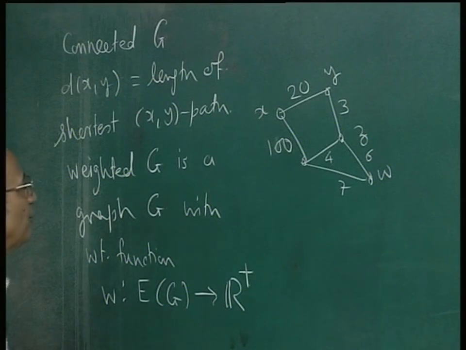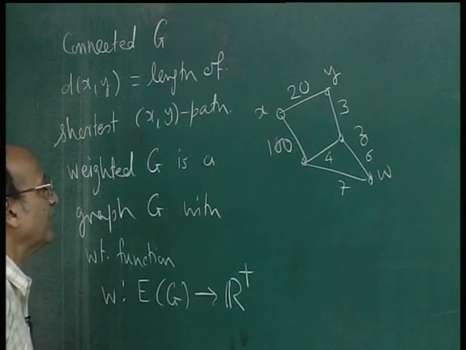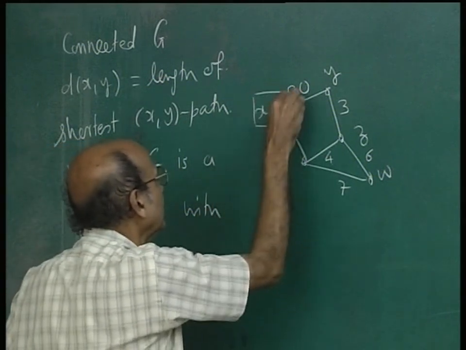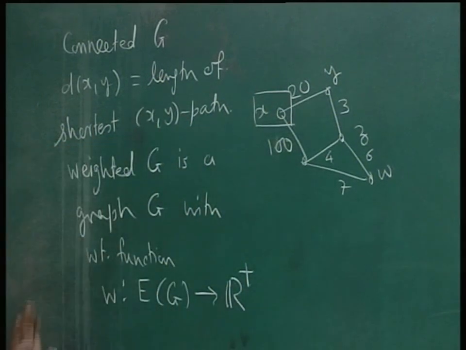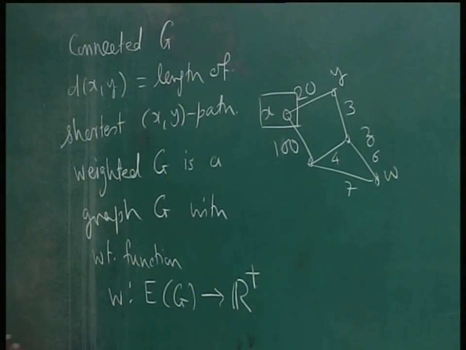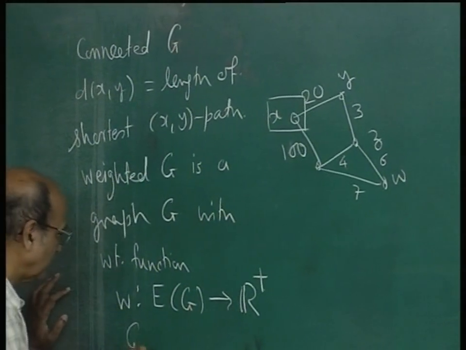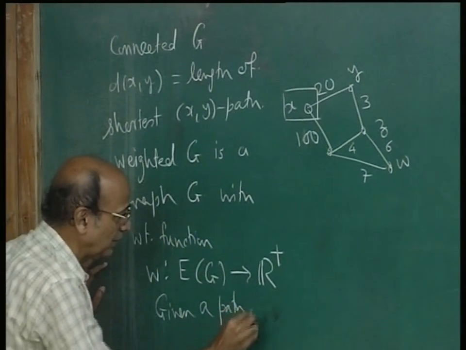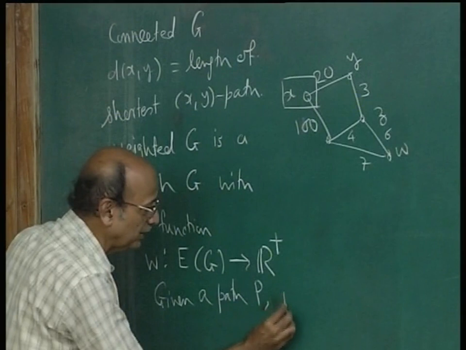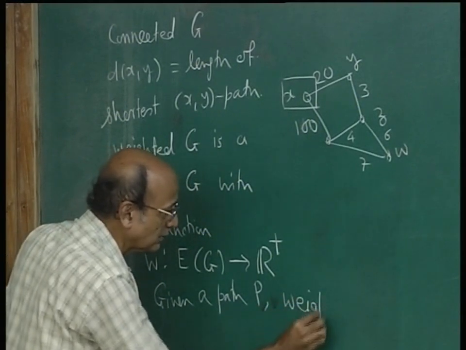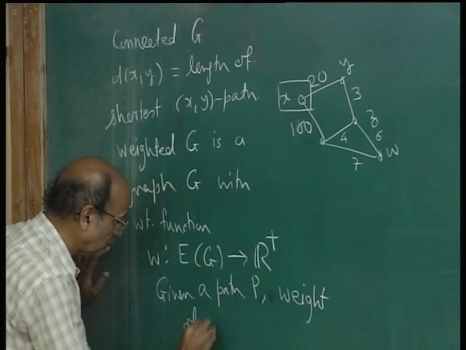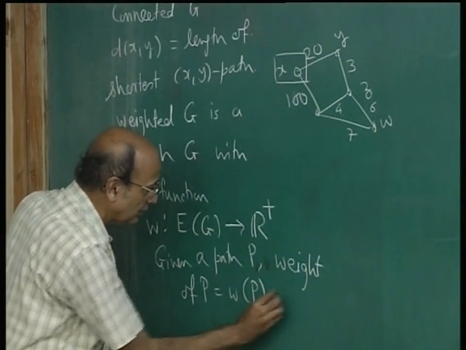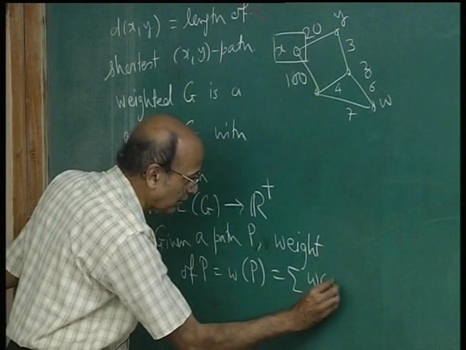What I now do is I fix a vertex x. Given a path P, the weight of P is the sum of the weights of all the edges on that path.